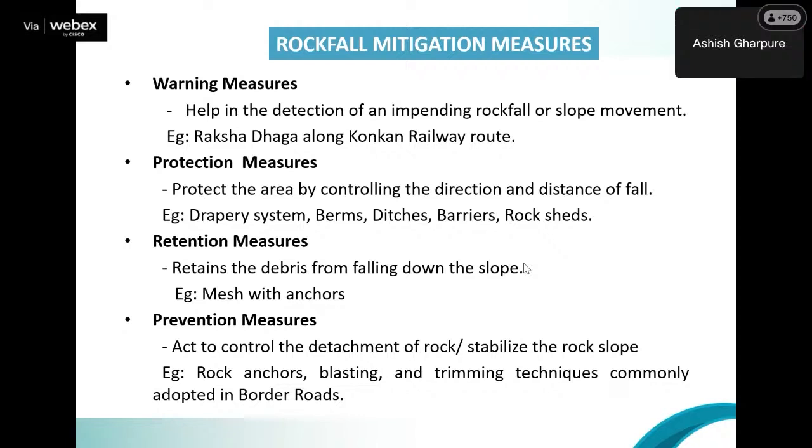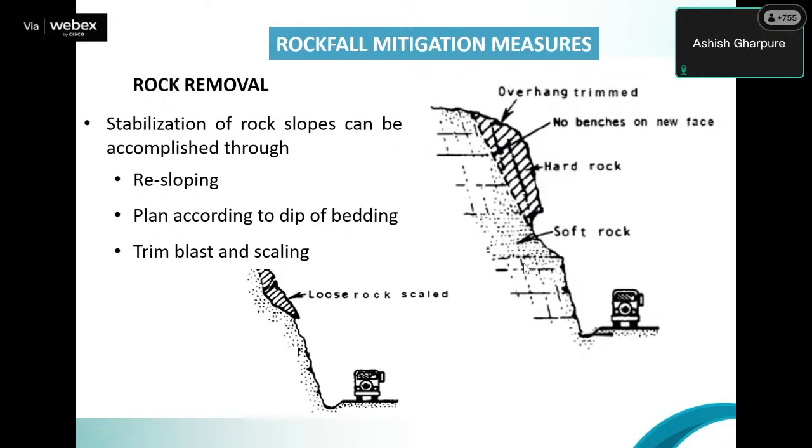So these are the measures mentioned in the SR23 report also. Next, please. So in the rock also, you have to take care of any loose rock which is there and where failure is imminent. You better take it off, cut or trim or slope it. Next.